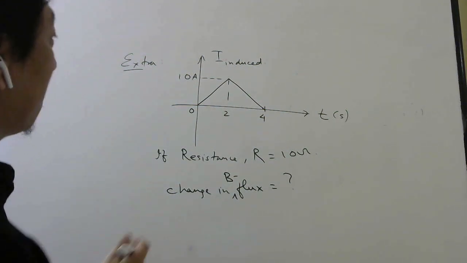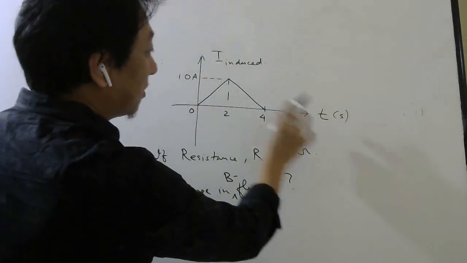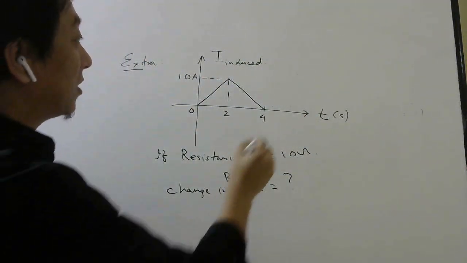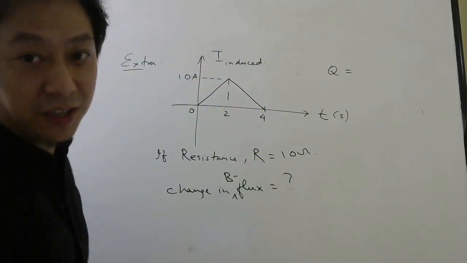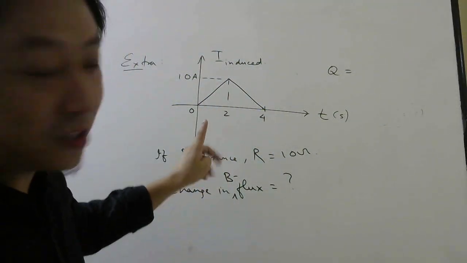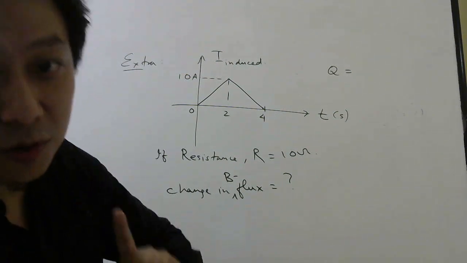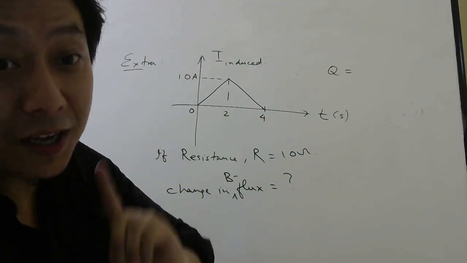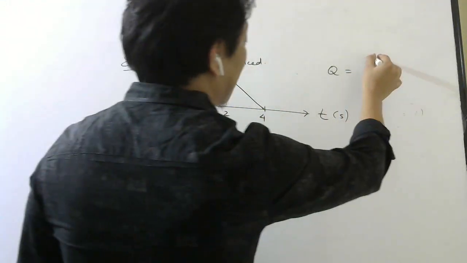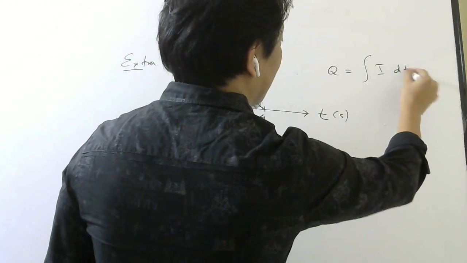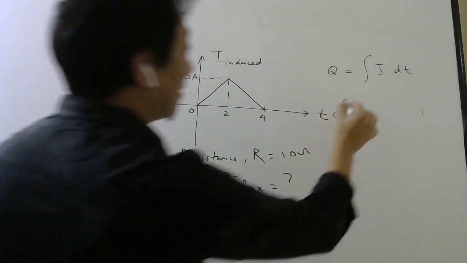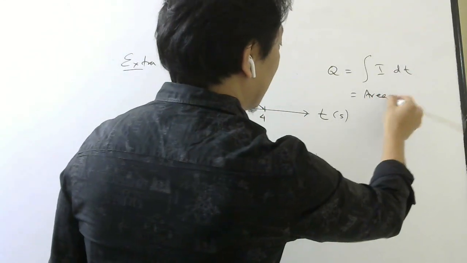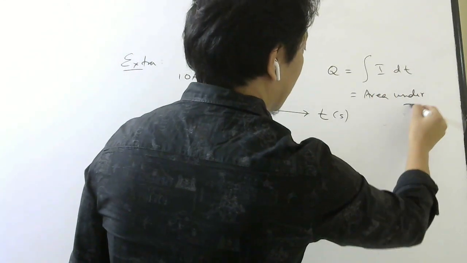See, look carefully. This is a current versus time graph. Induced current is flowing up to 4 seconds only, right? According to this graph, induced current is flowing up to 4 seconds. So how to find charge if a current time graph is given? Just now I told charge is integration of current dt. That means this is the area under the current time graph.